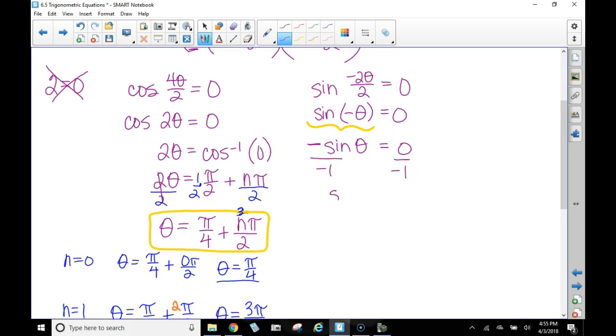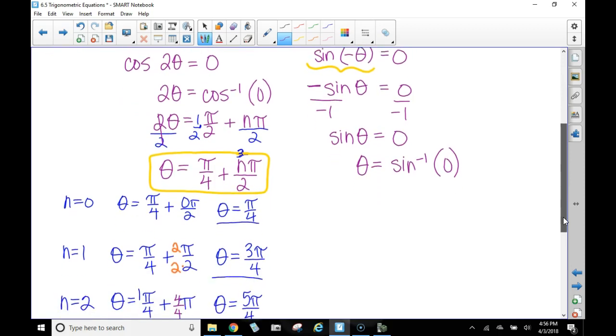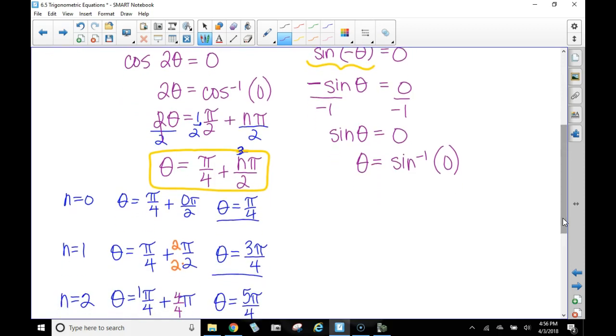So if we just solve the equation, sine theta equals 0 divided by negative 1, which is just 0, we'll be good to go. Again, inverse sine both sides, so we'll just have theta equals all the angles that have a sine value of 0.